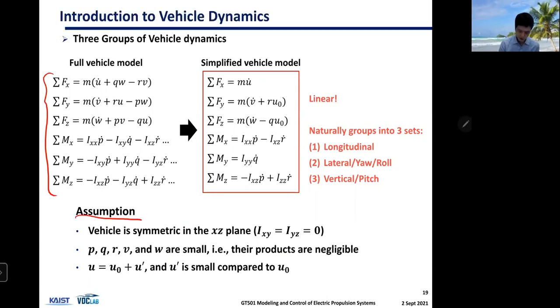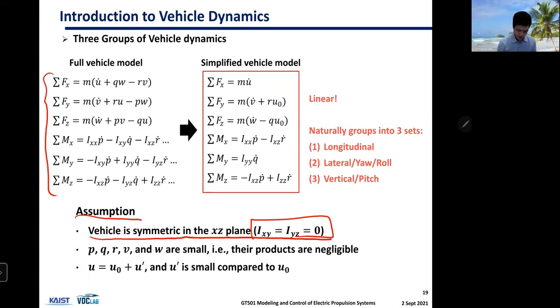apply some assumptions, such as the vehicle is symmetric in the XZ plane. What that means is if we have a vehicle pointing this way, have a body, let's say this body, and then pointing forward, the left and right part is symmetric, then these inertial terms become 0.